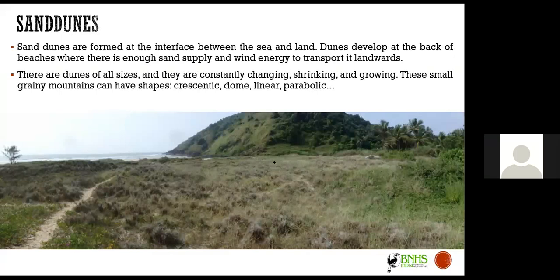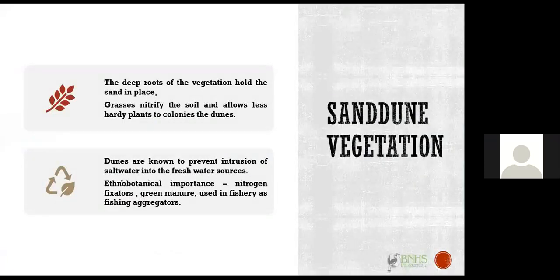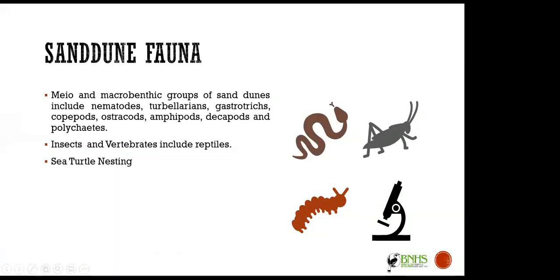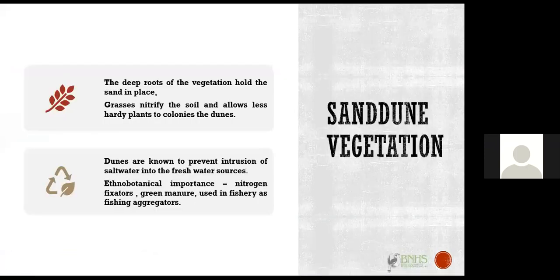If you observe here, even though it is a dry place, we can see some typical vegetation preferring these areas. This vegetation has roots which can hold the sand in place, and these grasses also nitrify the soil, so they allow less hardy plant species to survive here, and they also prevent the intrusion of salt water into the freshwater sources towards the landscape.